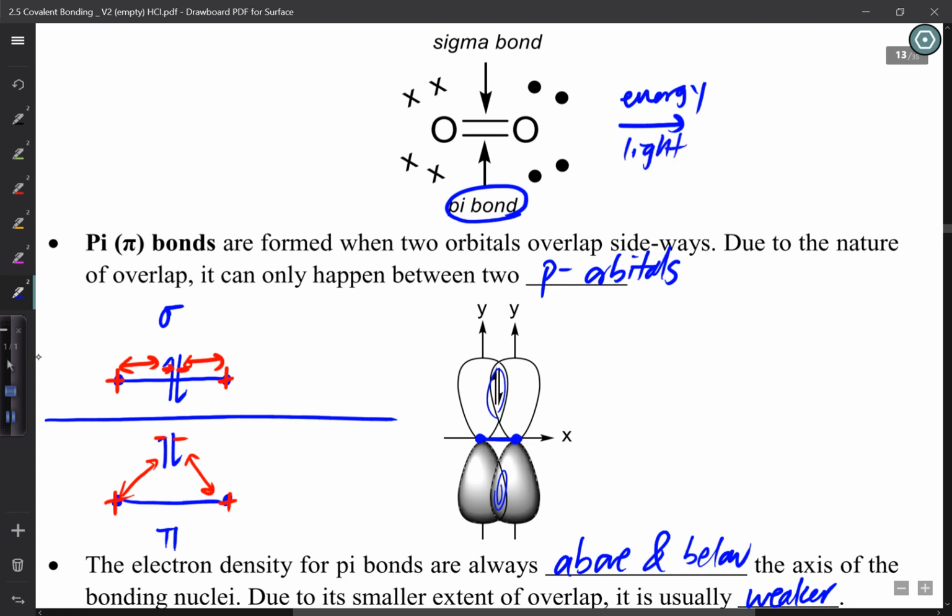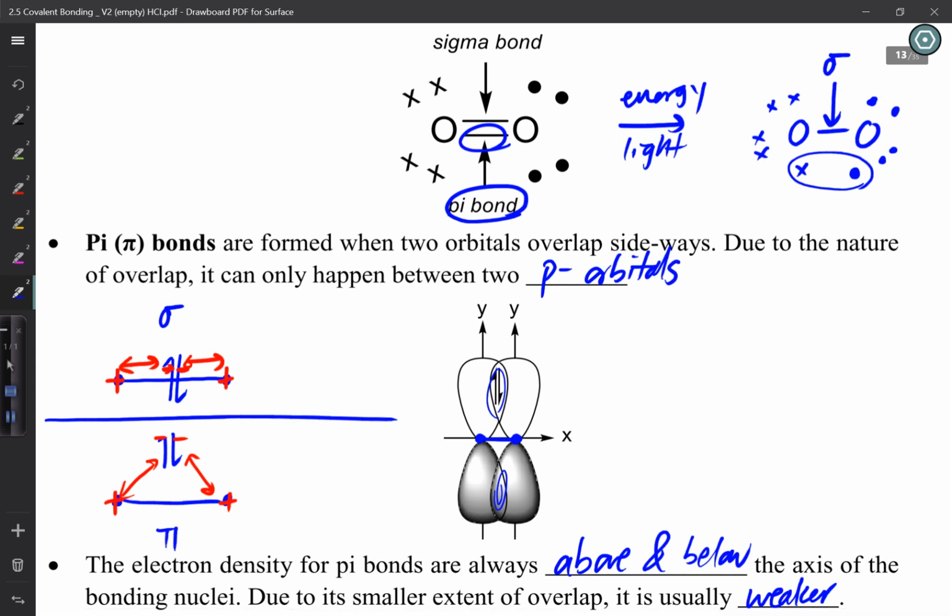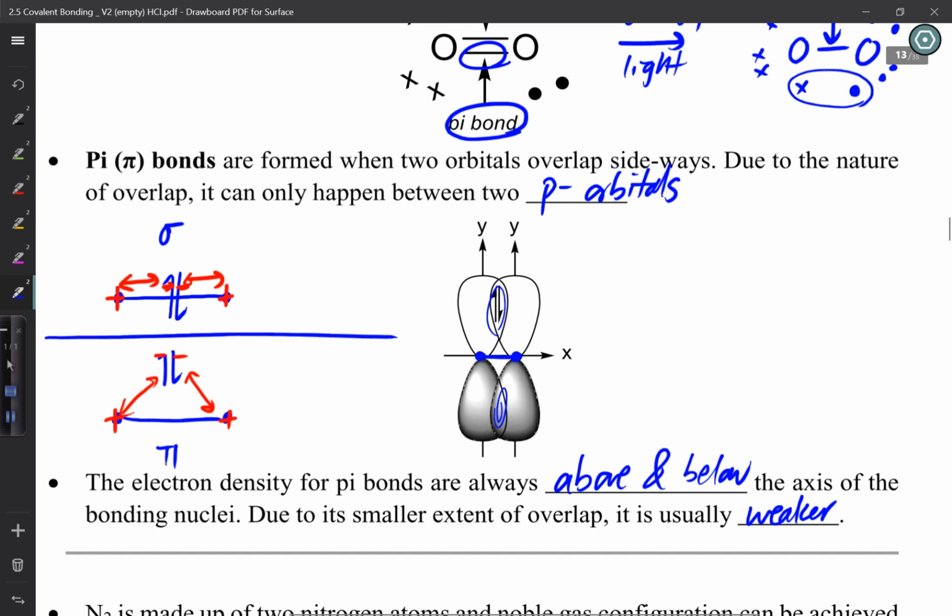Alright, this oxygen or this pi bond can break apart to form this. In other words, this bond breaks apart, and the electrons which were previously shared are unshared. But the sigma bond will be left intact because it's strong. It's very difficult to break sigma bonds. Alright?